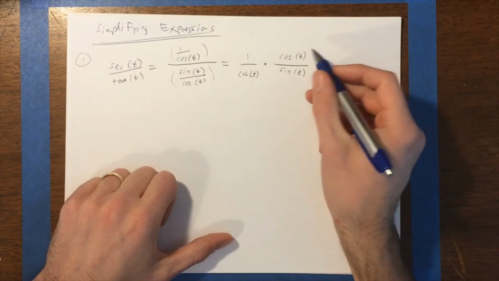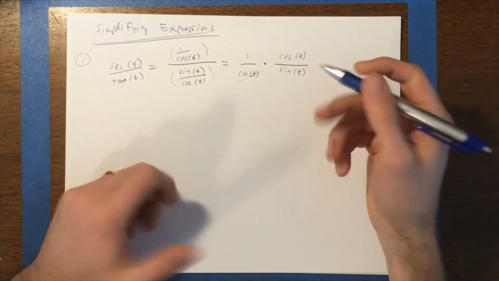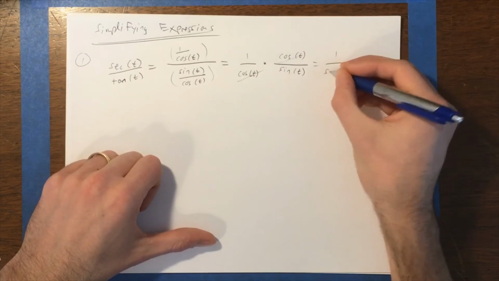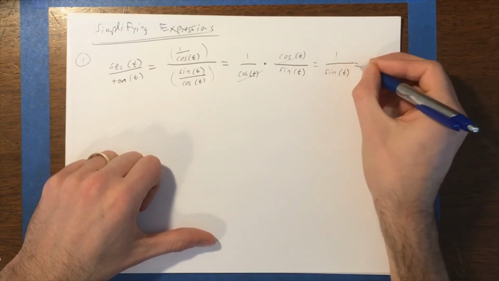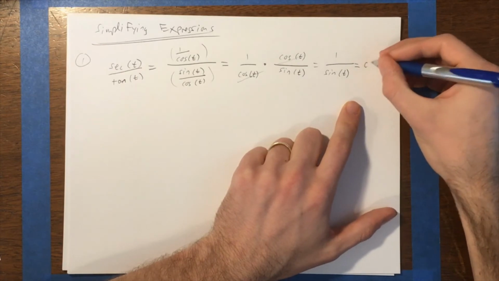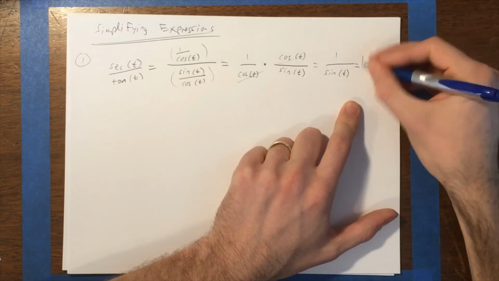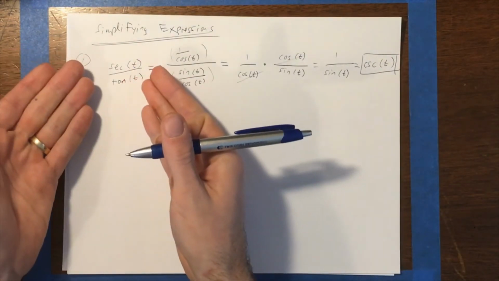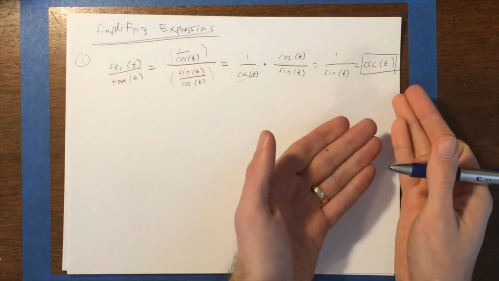But now that I've written it that way, it's pretty clear to see that the cosine of t factor is going to cancel out by division, which leaves us with 1 over sine of t. And if I'd like, I can rewrite that in its reciprocal format as cosecant of t. So that has simplified secant divided by tangent to just cosecant.